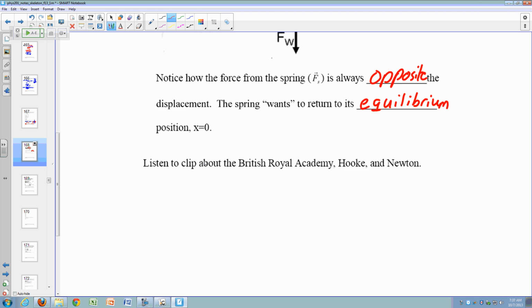Of Boyle's law, from the ideal gas law. And a lot of other scientists that were all part of the Royal Society in Britain. But this clip, which I don't have, I'm sorry, was just about their personalities and how they conflicted. Apparently Newton was kind of an ass towards everybody else, so I'll try to remember to bring it next time.